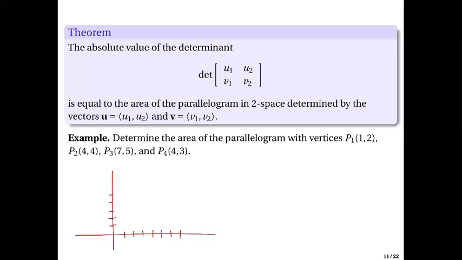It's somewhere here. And then 4, 4. So 4 here and 4 here. And then 4, 3, and this guy here.